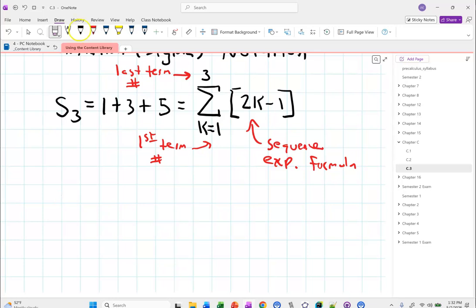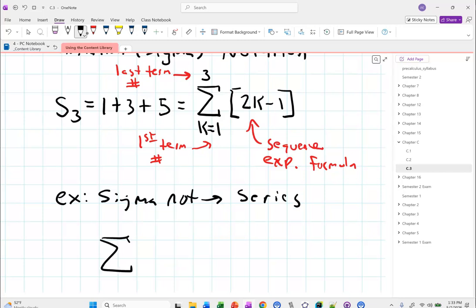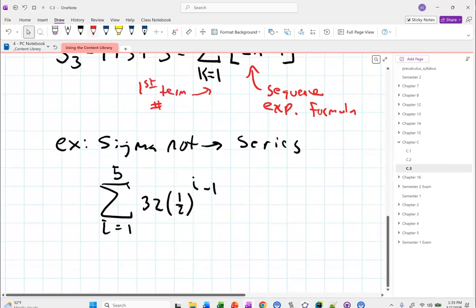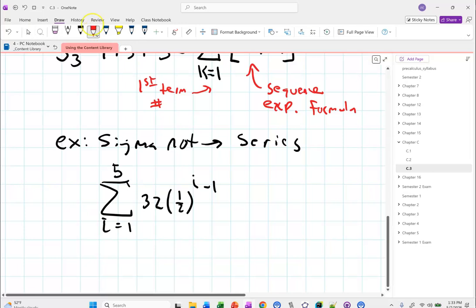All right. So let's go from sigma notation to a series. Okay.